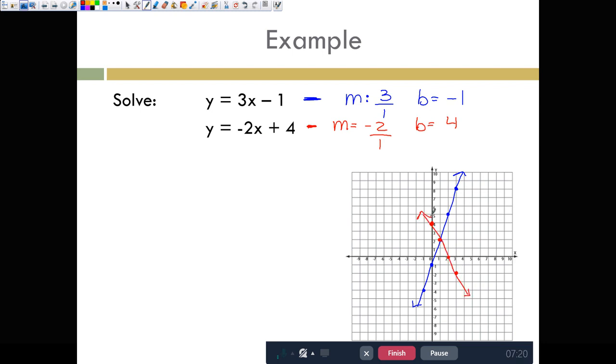And then I'm going to graph my point. So, my point of intersection right here, that is my solution. So my solution is going to be 1, 2. The ordered pair x, y, which is 1, 2.